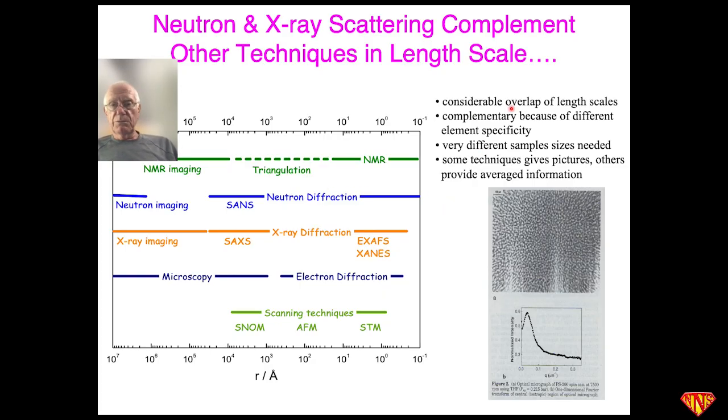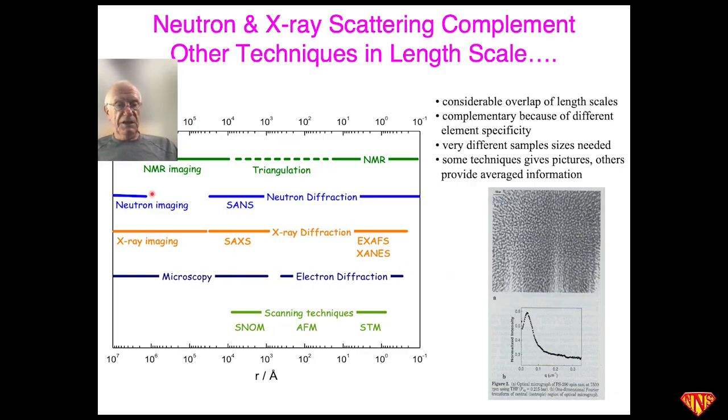So there is considerable overlap between the length scales. There's a complementarity because of different element specificity, and we'll see that in a minute. And very different sample sizes are used for these different techniques. So the amount of sample that you have also will be important.